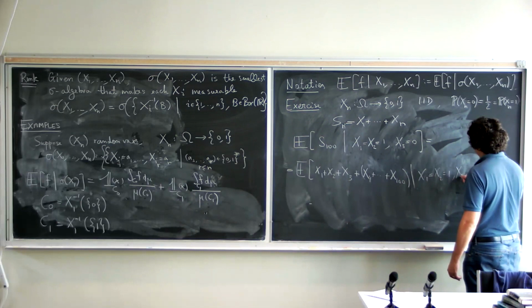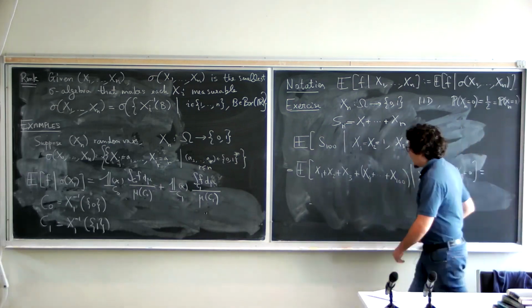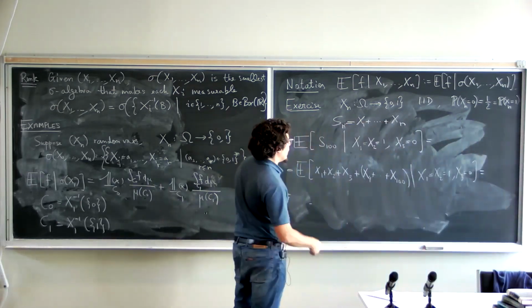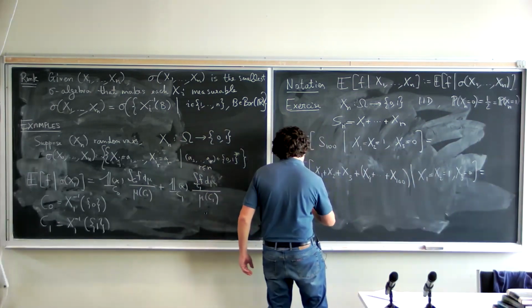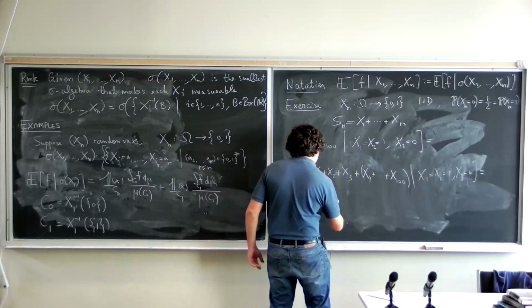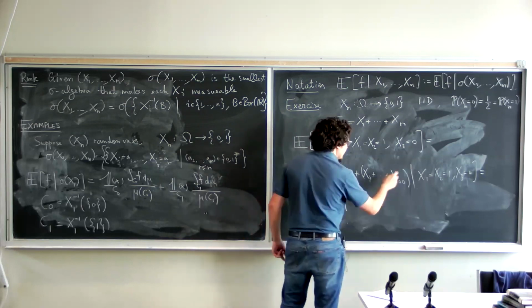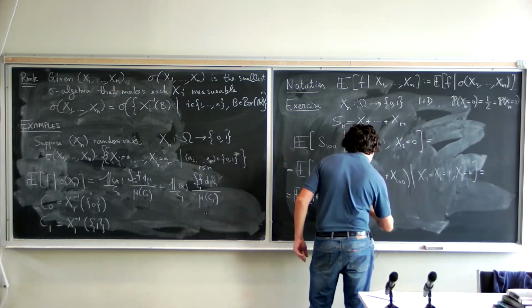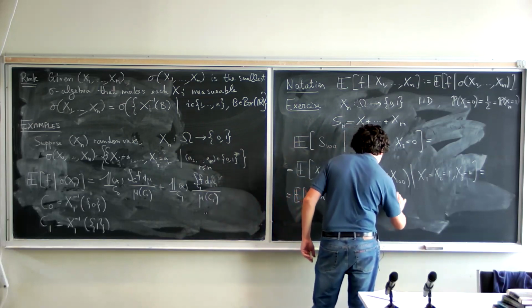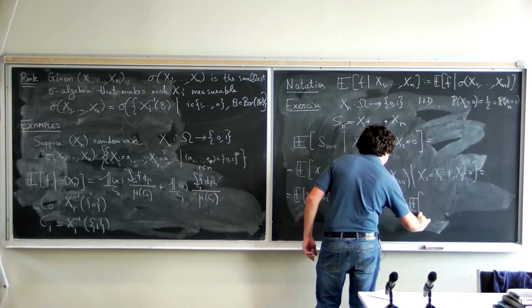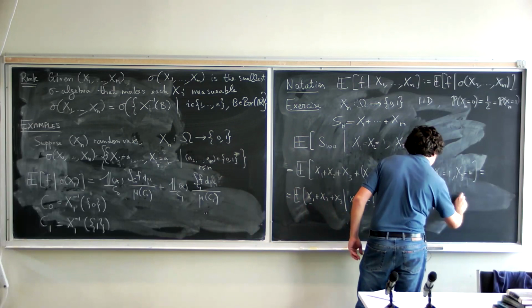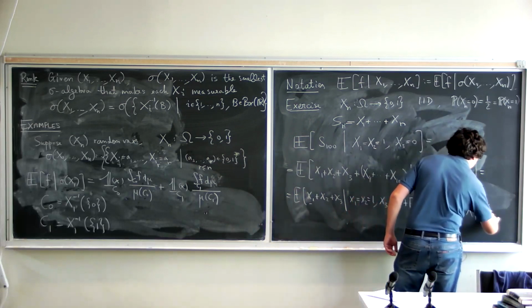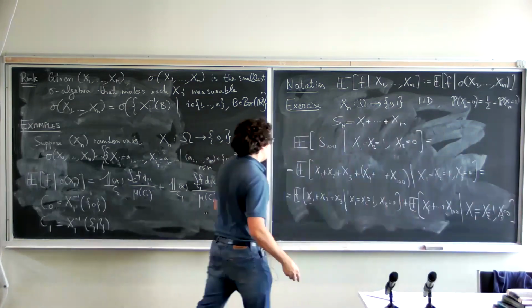And then we know the expectation of x1 plus x2 plus x3 given these guys, plus the rest of the sum. Let's see why that is the case.